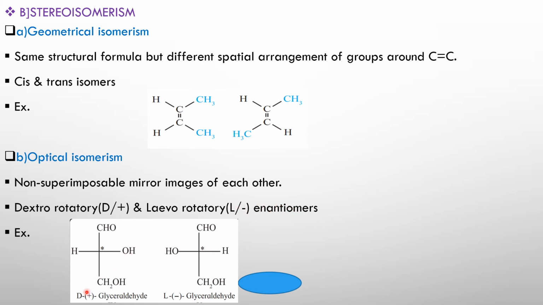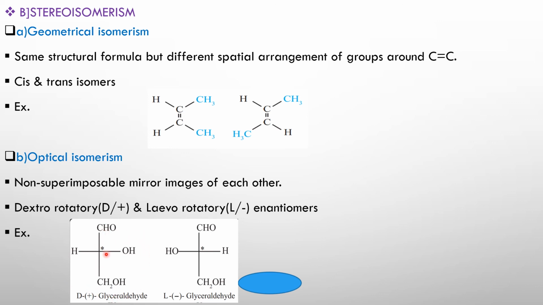For example, D plus glyceraldehyde and L minus glyceraldehyde. So this is the structure of glyceraldehyde: CH2OH, CHOH, CHO. This is glyceraldehyde.